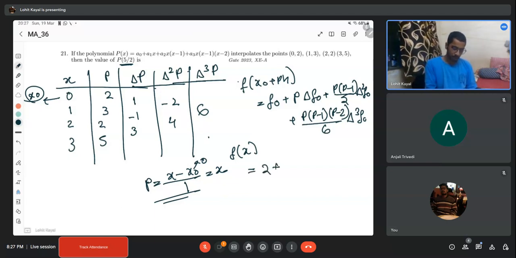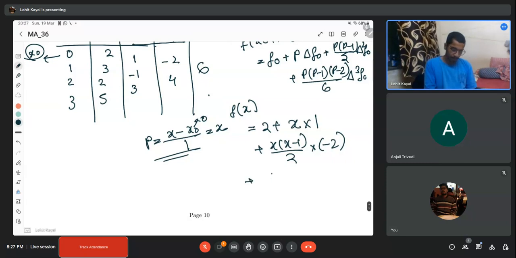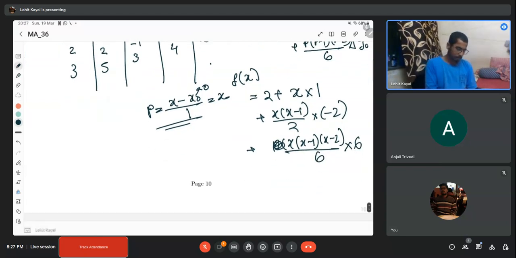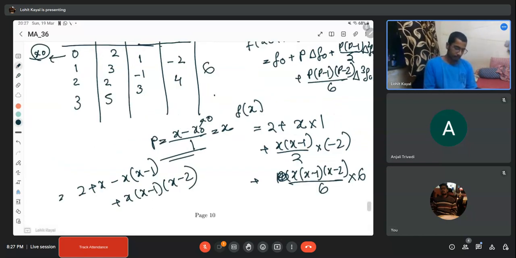The first value is 2, plus x into delta f naught, that means 1, plus x into x minus 1 by 2 into delta square f naught, which is minus 2, plus x into x minus 1 into x minus 2 by 6 into 6. So the result is 2 plus x plus x into x minus 1 plus x into x minus 1 into x minus 2.